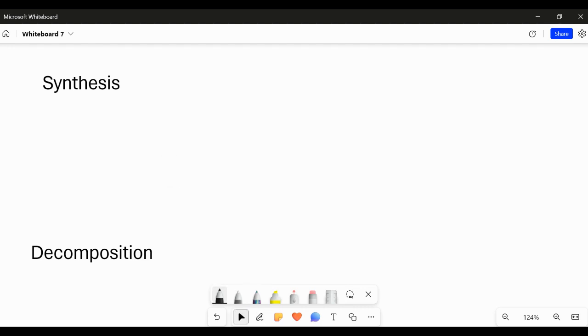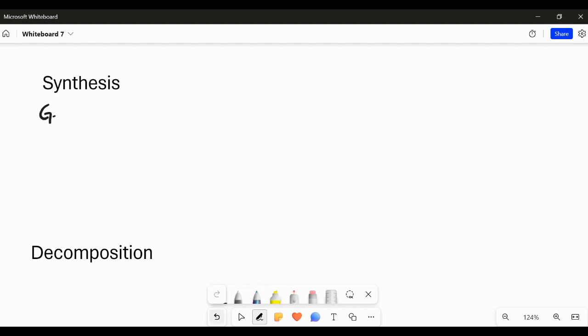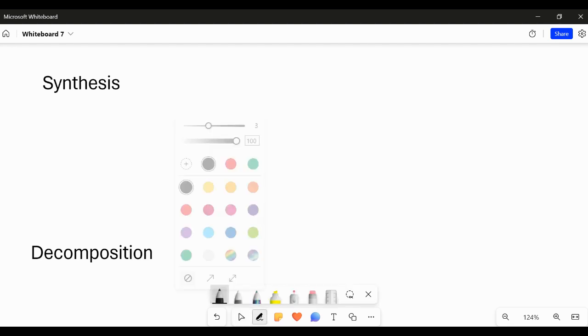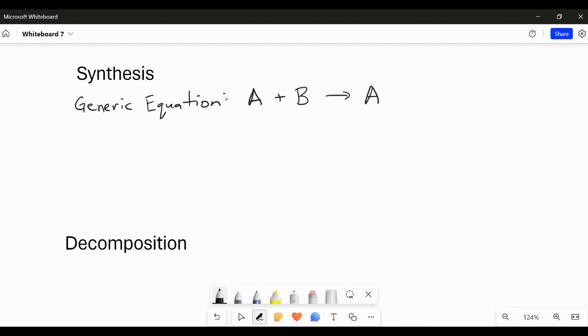Now, the generic equation for synthesis is commonly written as A plus B becomes AB.